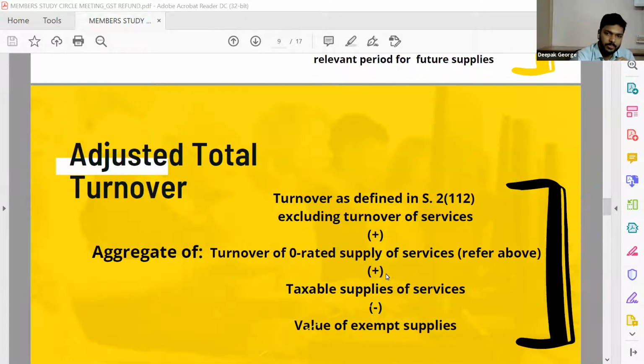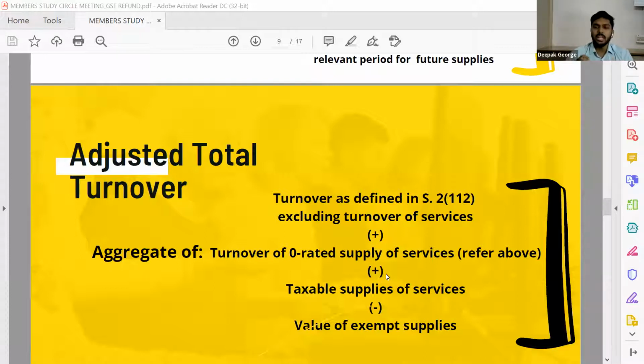the first component. The next one is taxable supplies of services, because the above one is 0 rated supplies. The next one is taxable supplies of services. And here you have an exclusion as exempt supplies, because if you do not deduct exempt supplies, then it is assumed that exempt supplies is a part of the total turnover in the state of services, therefore it will be clubbed together.